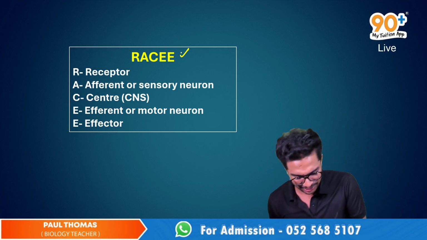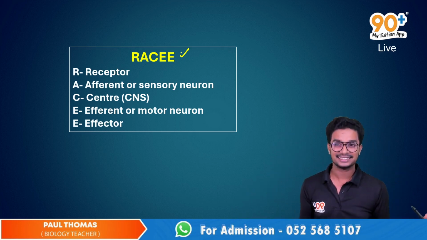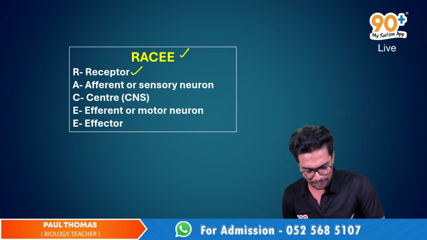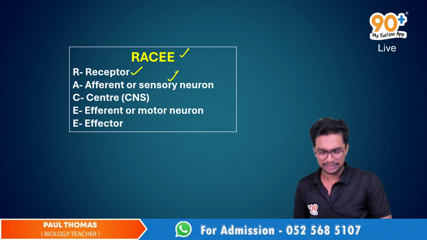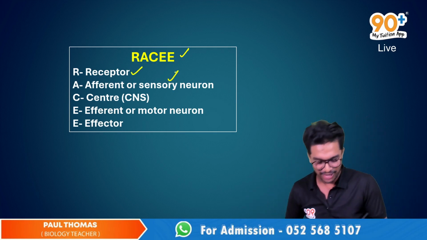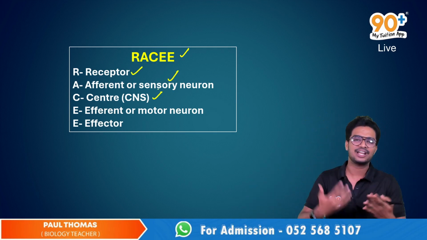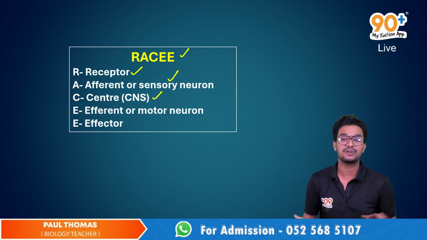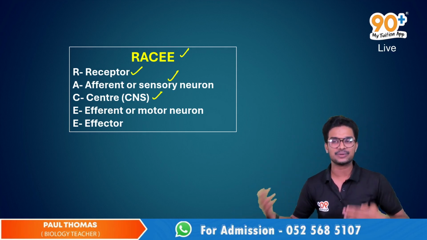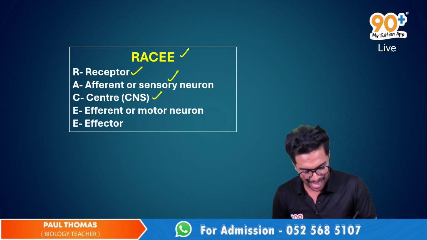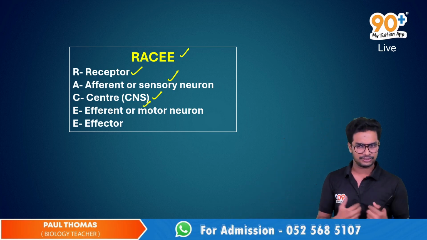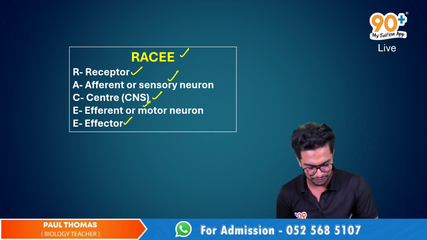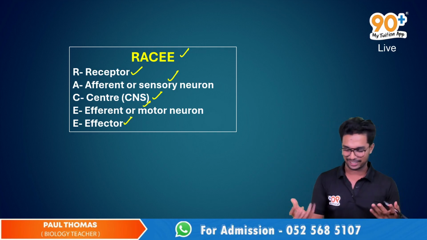The shortcut is RACE. R represents receptor, A represents afferent or sensory neuron, and C is the center, that means the central nervous system, CNS, which includes brain and spinal cord. Here we need to especially mention spinal cord. E means efferent or motor neuron, and the final E represents the effector organ or tissue.